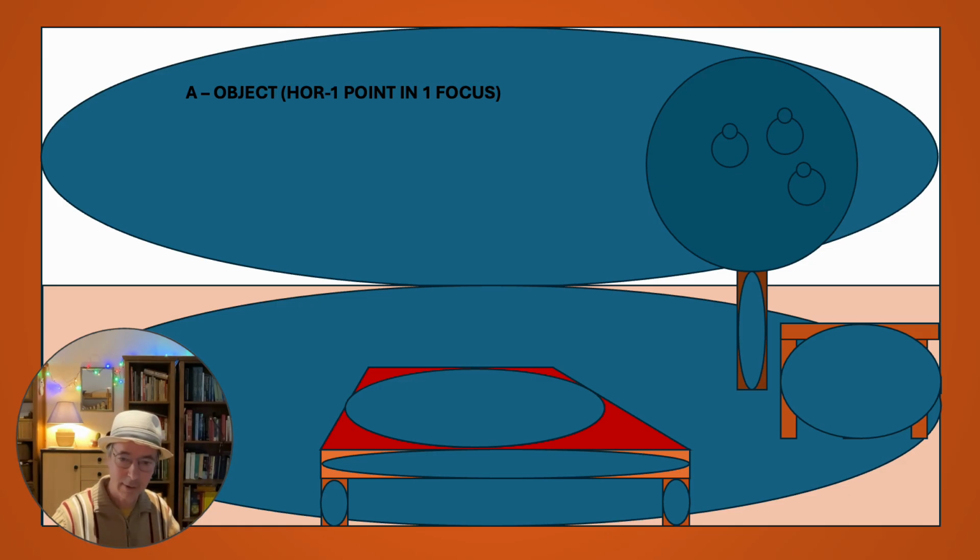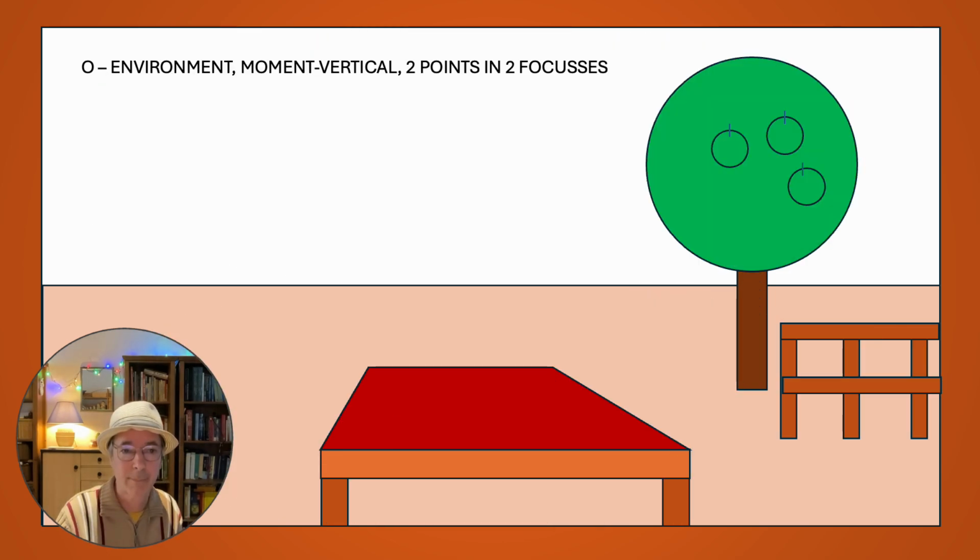I have the table, I have the front table, I have the complete fence. I have the top of the tree. All these things are A. This is just one focus. More I don't need. Just one focus, and I can pick them all out here. All of them in space. That's what it is about.